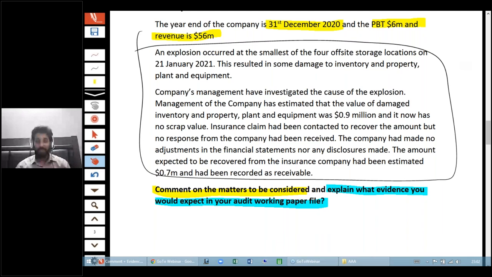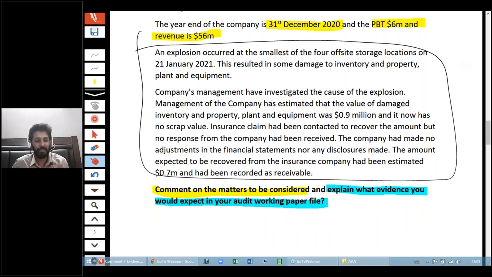Now see that identifying the wrong accounting standard is the basic mistake you people are doing. No, it's not IAS 8. Not at all.